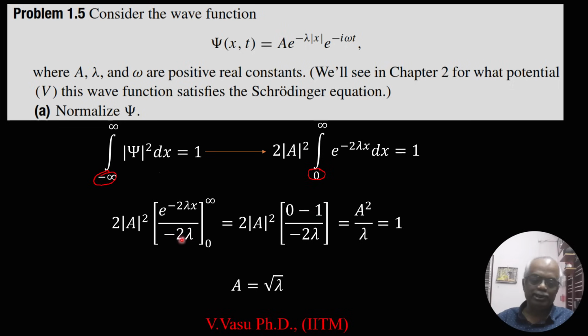Already you have minus 2 lambda. Here you can cancel this 2 as well as this 2, and this minus minus will become plus. So A squared over lambda is equal to 1. That means A is equal to square root of lambda.